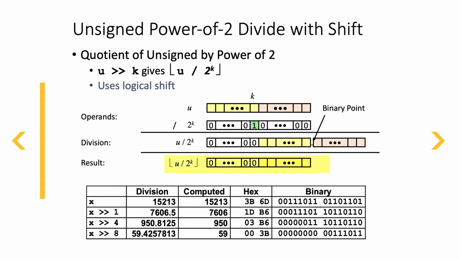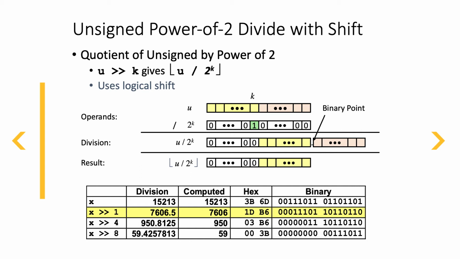So this table down at the bottom shows you what this looks like. If x is 15,213, then we're not shifting it at all. We're just leaving it alone. So obviously the computed value will be 15,213. And we see the binary here at the last part of it. Now, if we right shift it by 1, we are dividing by 2, and that gives us the expected result.